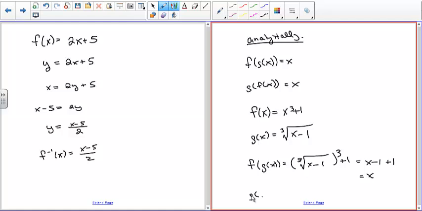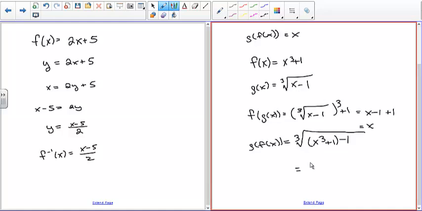Then you do g of f of x. So that's plugging this into there. So what you get is the cube root of the quantity x cubed plus 1. So instead of x, I put an x cubed plus 1. And then I subtract 1. So you see the negative 1 and the positive 1 cancel out.